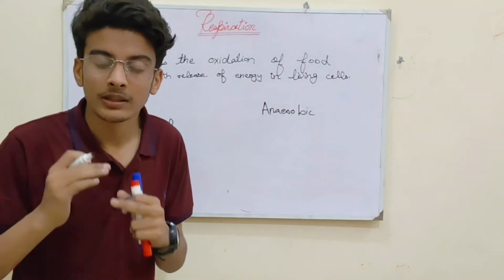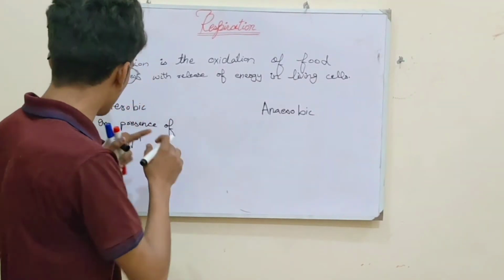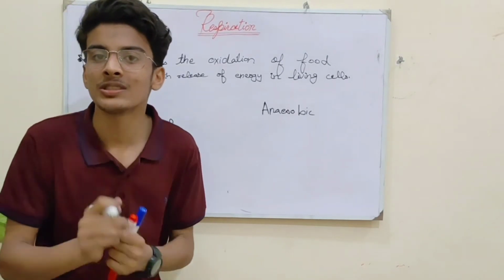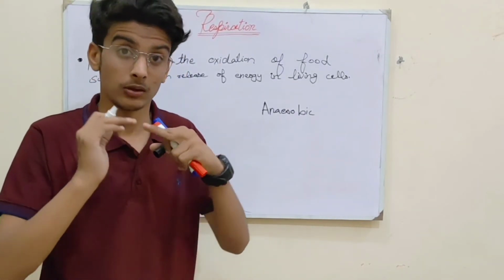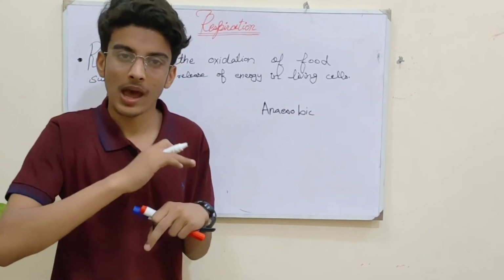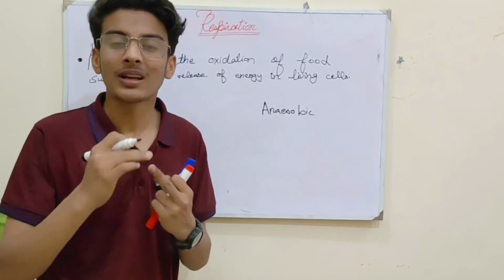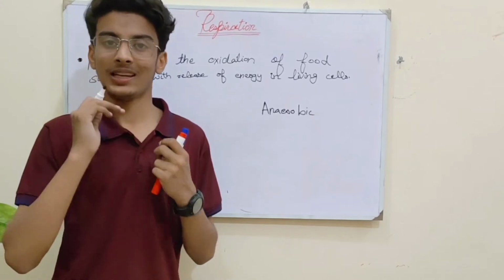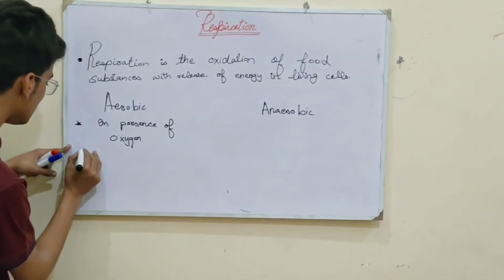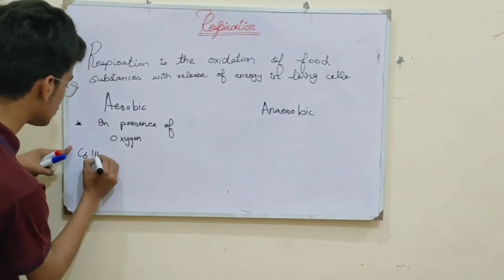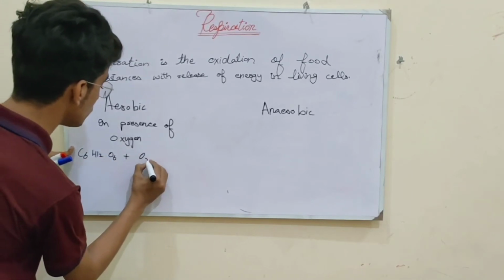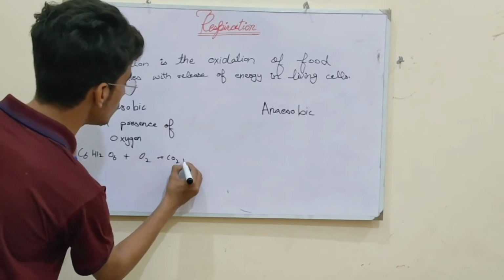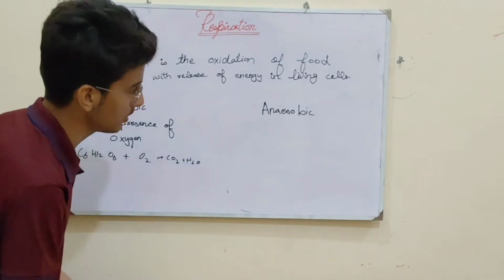The equation we learned for aerobic respiration is this: C6H12O6 plus O2 gives CO2 plus H2O plus energy.